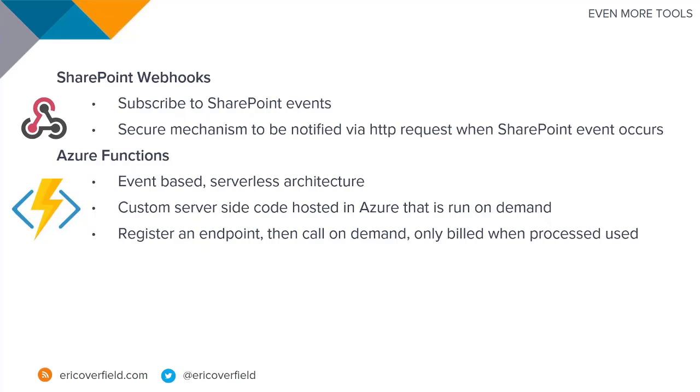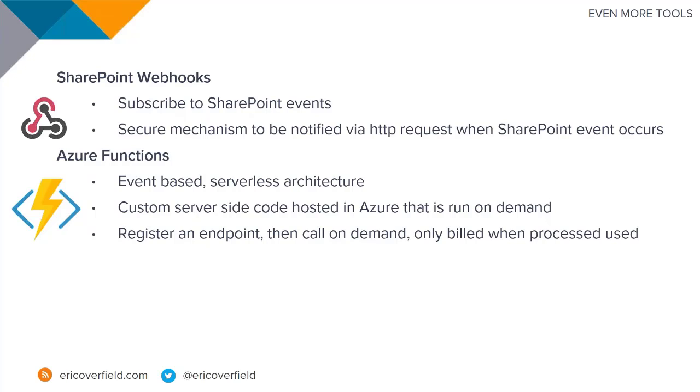It's event-based, so when that Azure Function URL is called, that function you have is run on demand, and you're only billed for those typically nanoseconds, microseconds that function is used. So you might have an Azure function that runs anytime a specific webhook that you've subscribed to gets posted to the Azure function, and that Azure function might go and run some compiled C# code for you, all based on this endpoint that's registered by your Azure function.